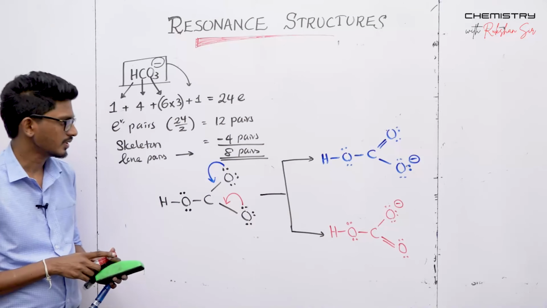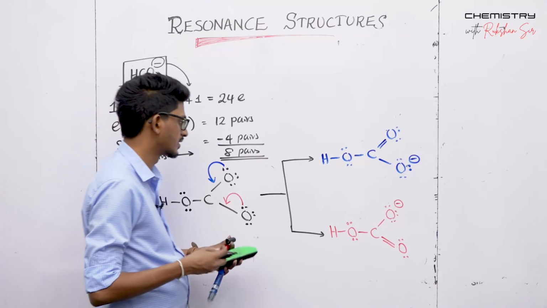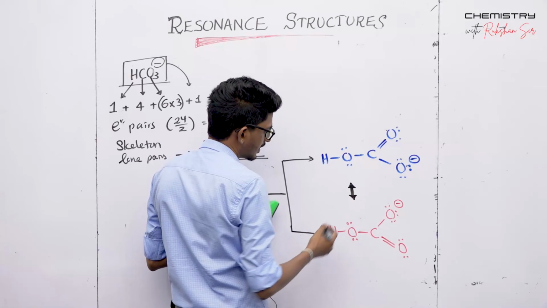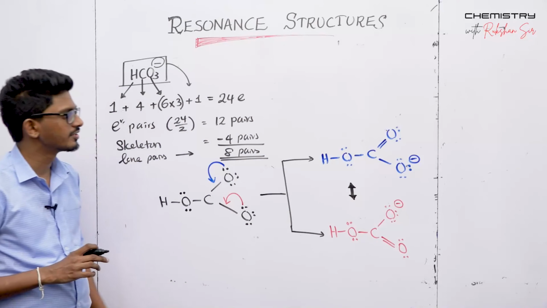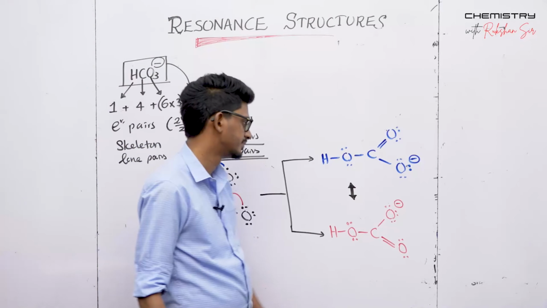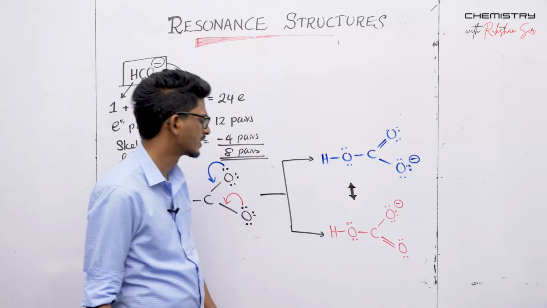So these are the 2 resonance structures we can draw for HCO3 minus, and these are referred to as resonance structures with equal stability. Both are stable.